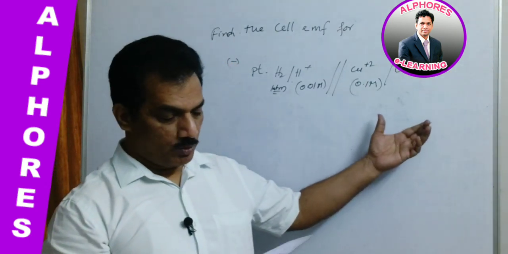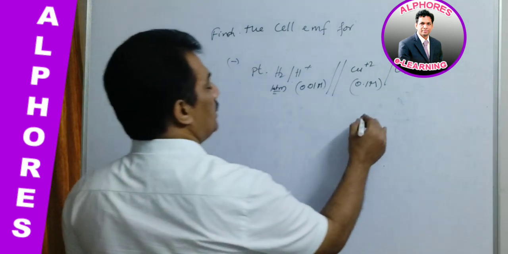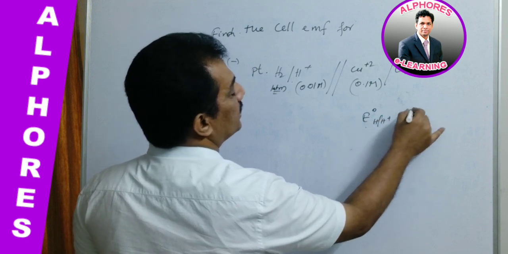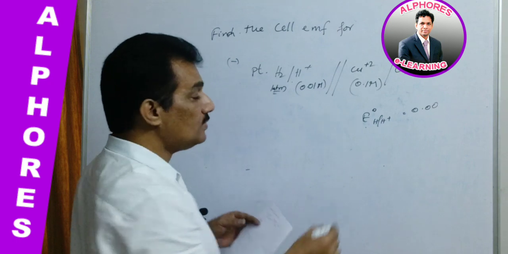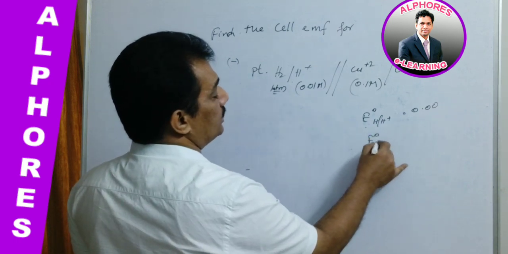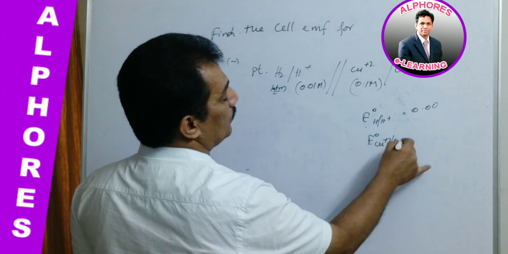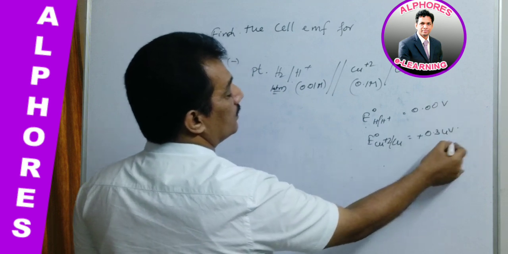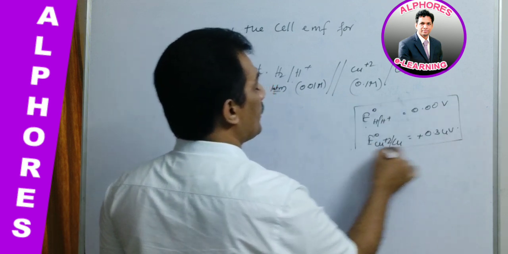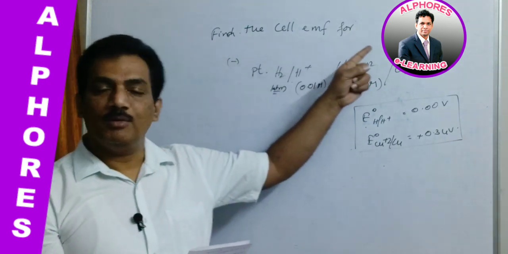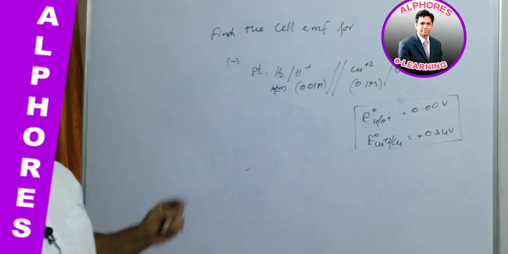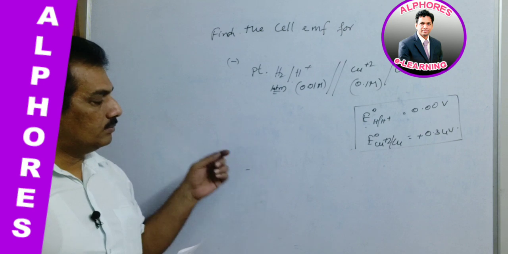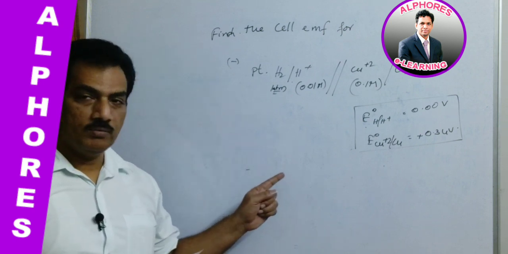This is the data they are providing, and we know E naught of the hydrogen electrode is 0.00, and the SRP value of copper, Cu plus 2 to Cu, is plus 0.34 volts. It is the data provided to you, and with this find the EMF of the cell. Clear? I will provide the solution in the next session, and meanwhile you solve on your own. Clear?